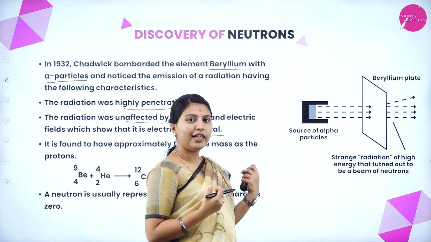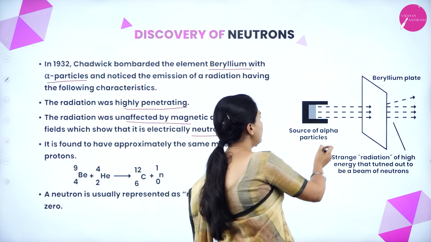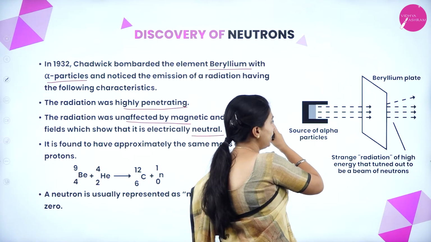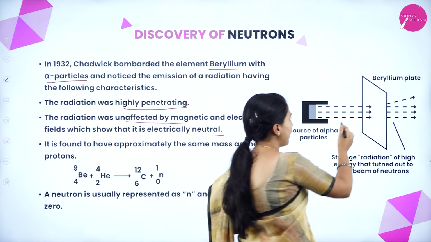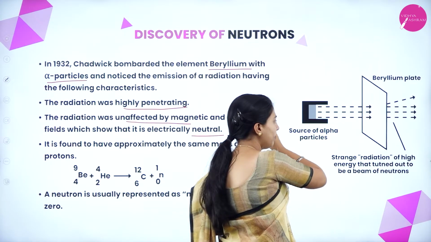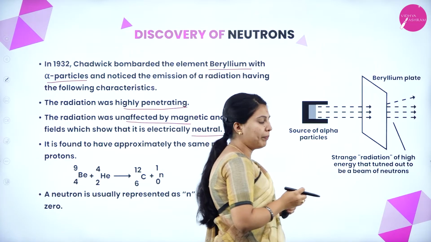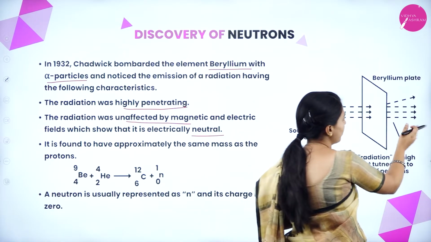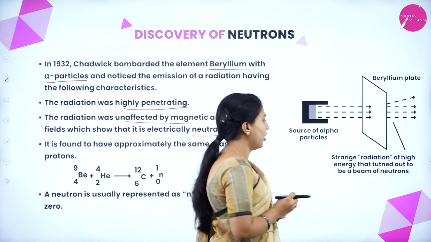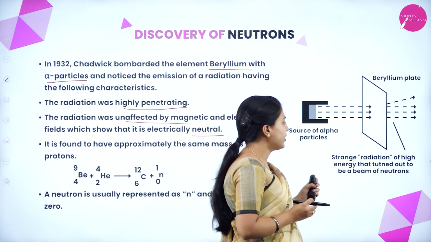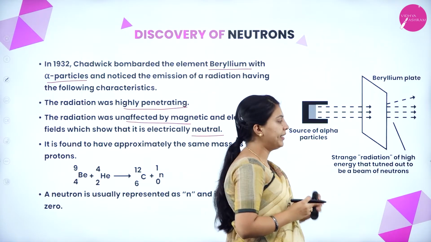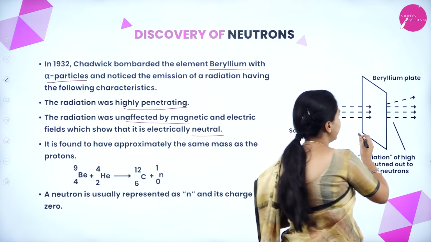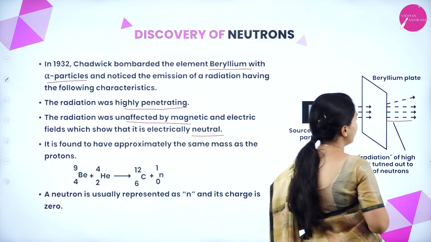What Chadwick did was direct alpha particles from a source towards a beryllium plate. The alpha particles hit the beryllium plate and radiation came out. It was strange because it was highly penetrating, and it came out as a beam of neutrons.